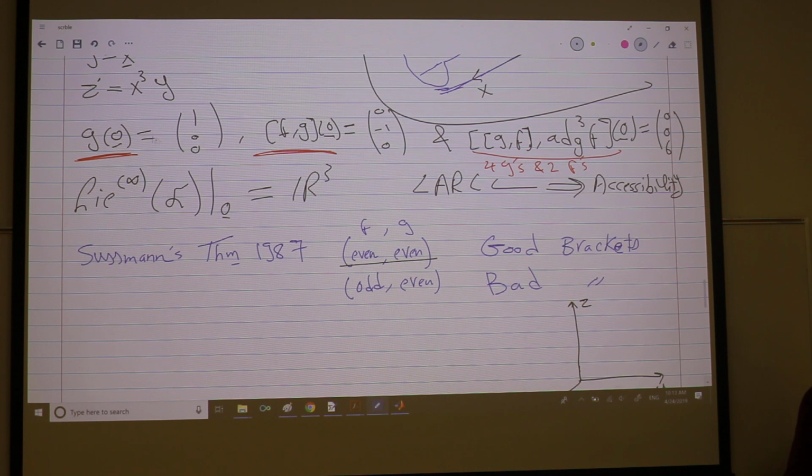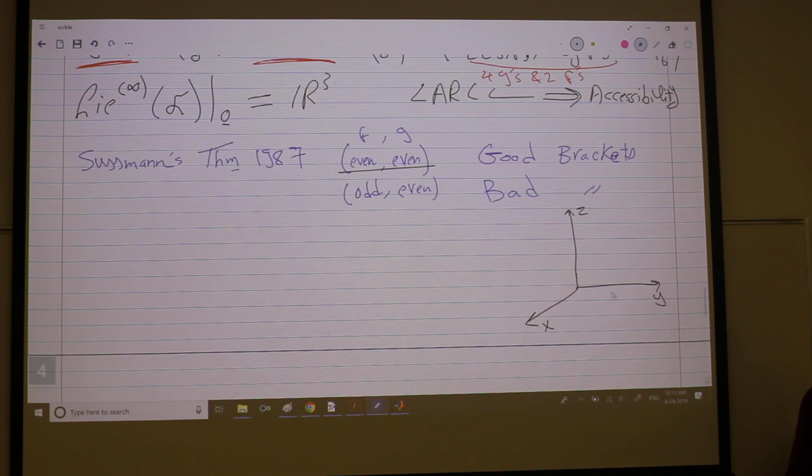This covers motion along the x. This covers motion along the y. And this one that is skeptical, this covers the motion along z. So motion in the xy plane is fine, and the problem is with z. So we're saying we're accessible, but we suspect that we are not small-time locally controllable.